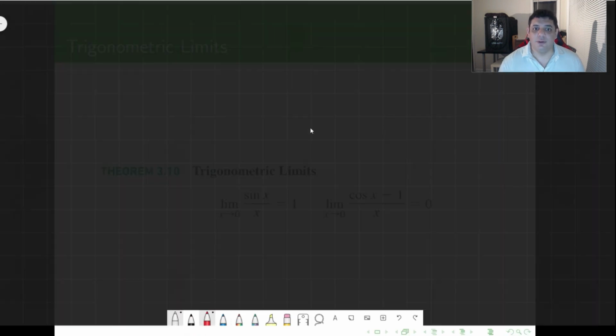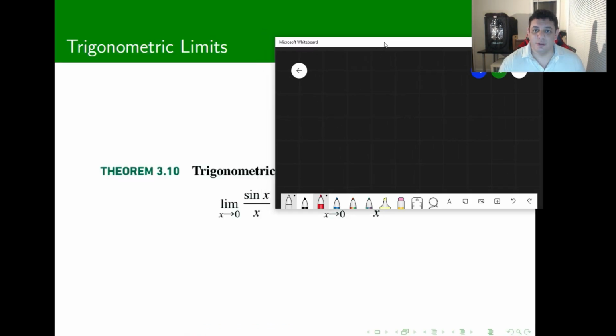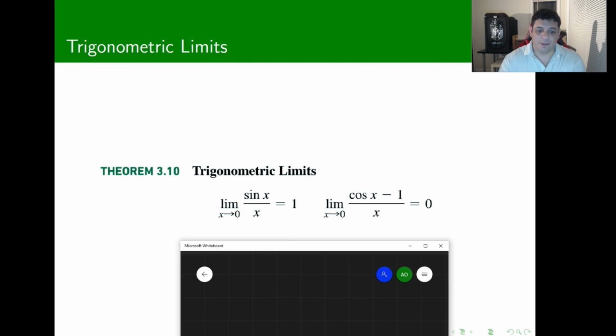So we have two things that we bring into play here. The limit when x goes to 0 of sine of x over x. But if you think about it, this is the same as the limit when x goes to 0 of sine of x minus the sine of 0 over x minus 0.